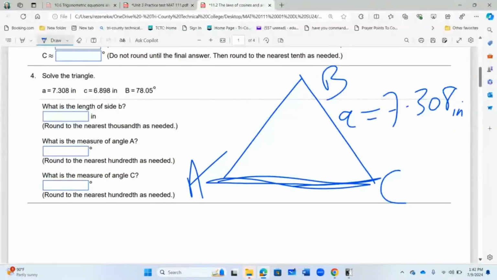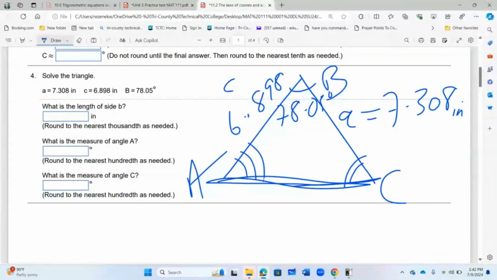Side B and angle B are given to me also: angle B is 78.05 degrees. Side C is given to me and that is 6.898 inches. As for side C, I don't have angle C and I don't have angle A.